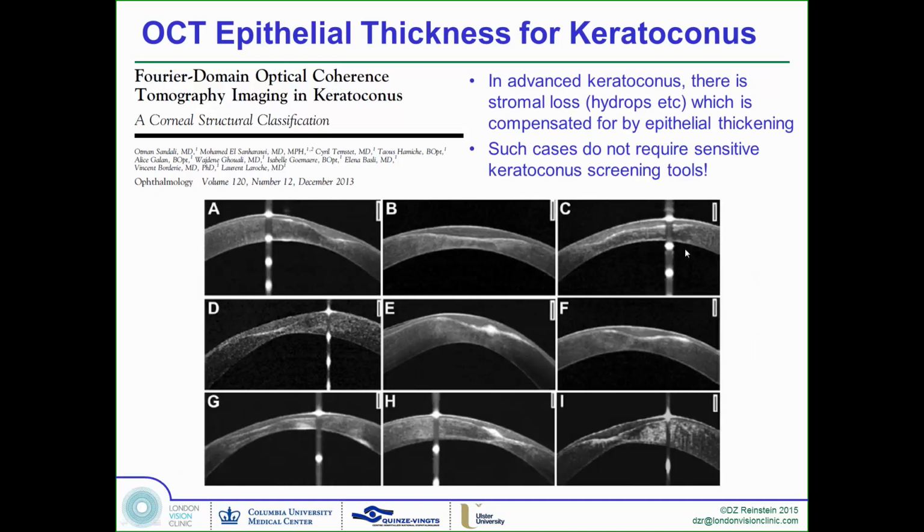But what was interesting about their work was that they also demonstrated, in line with what we had described about epithelial behavior for 20 years, that the epithelium responds to the rate of change of curvature of the stromal surface. So in very advanced keratoconus, where there's been marked stromal loss, the epithelium becomes thicker over the cone, because the rate of change of curvature is now such that the epithelium is filling a trough as opposed to thinning over a peak.